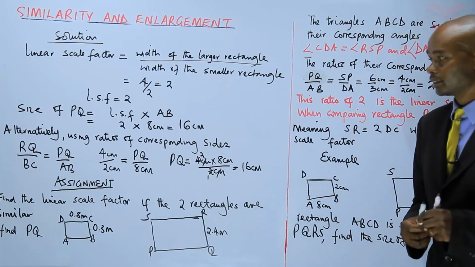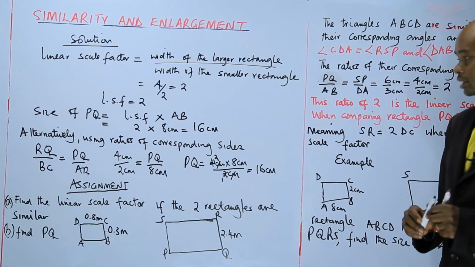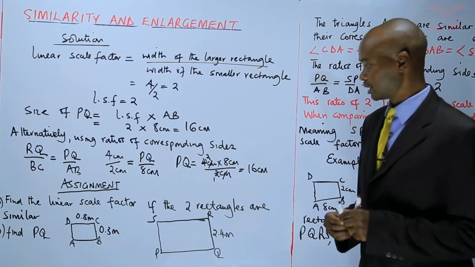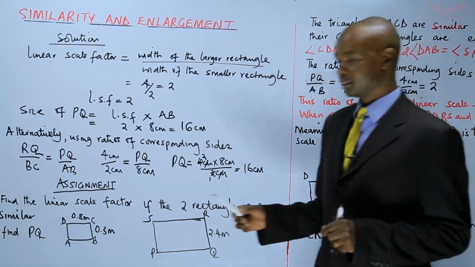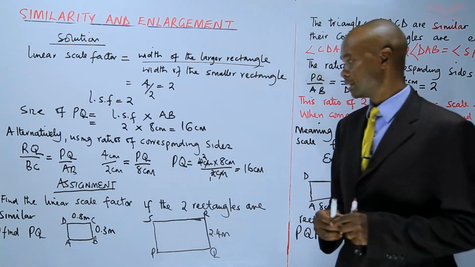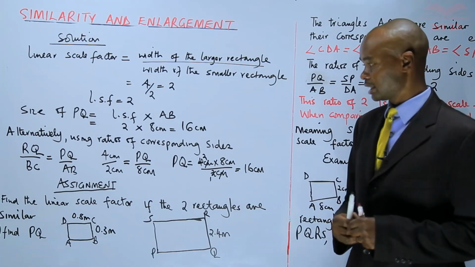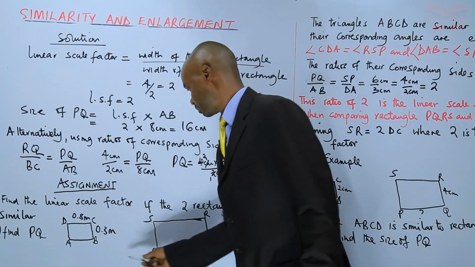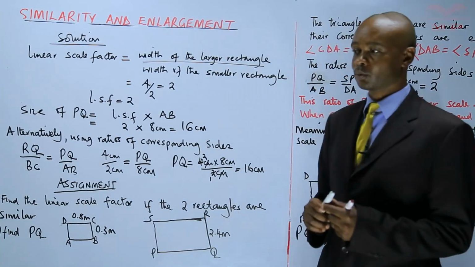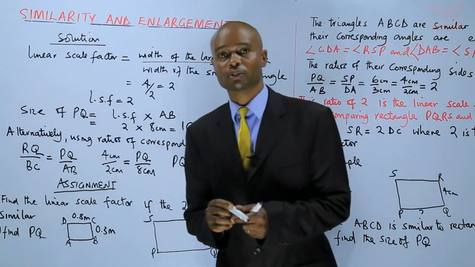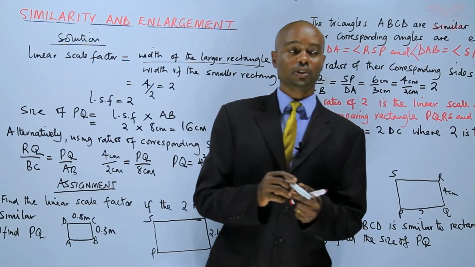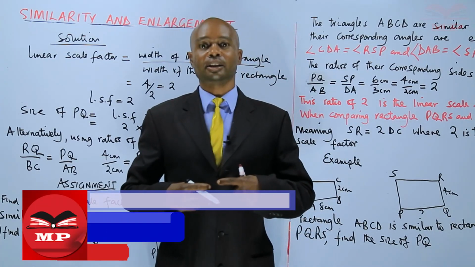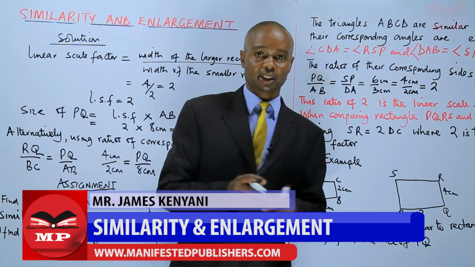Find the linear scale factor if the two shapes are similar, and also find PQ. Work out that question before we meet in the next lesson to proceed with another lesson on the same.